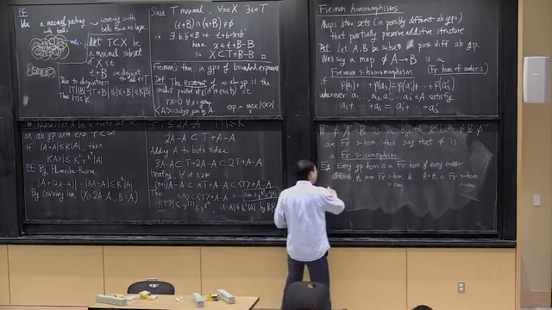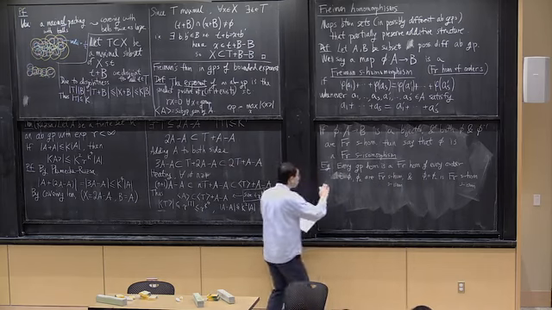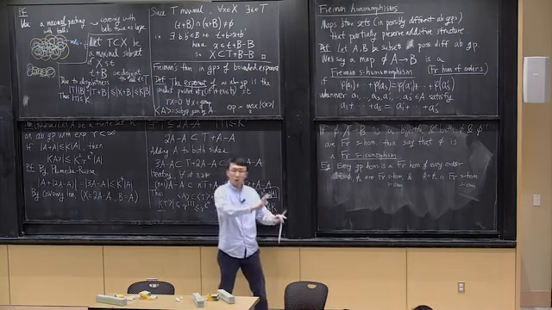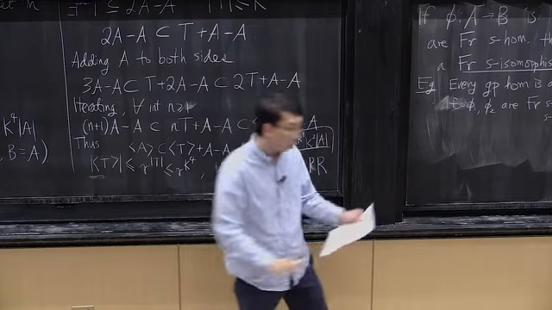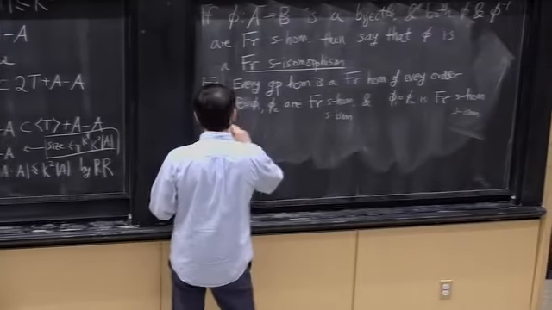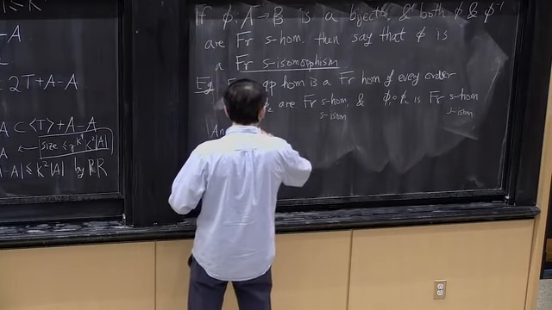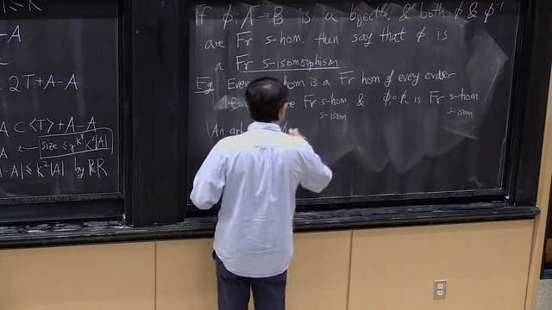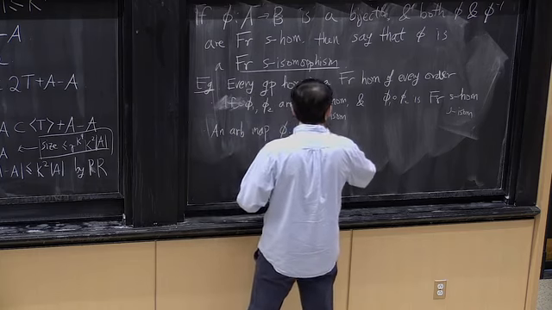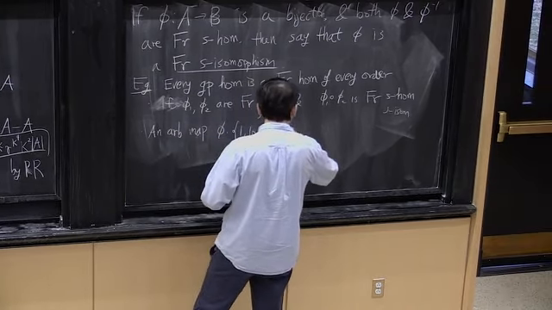So a concrete example that shows you a difference between group homomorphisms and Freiman homomorphisms is, suppose you take an arbitrary map phi from a set that has no additive structure.